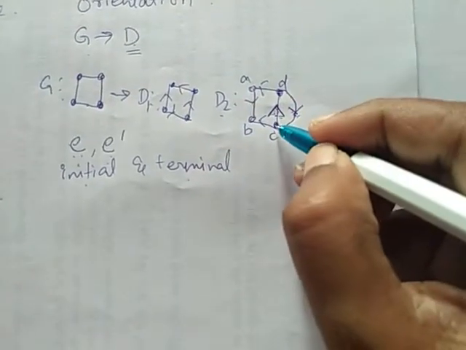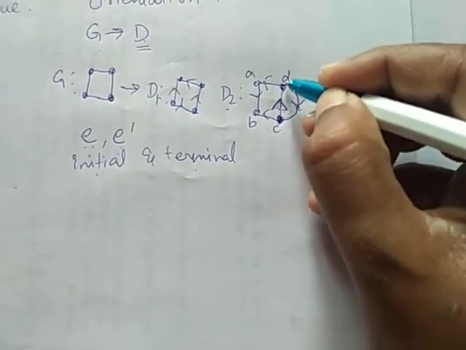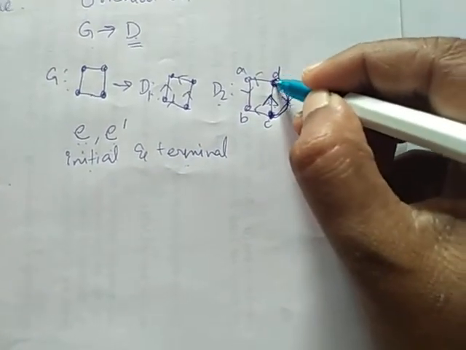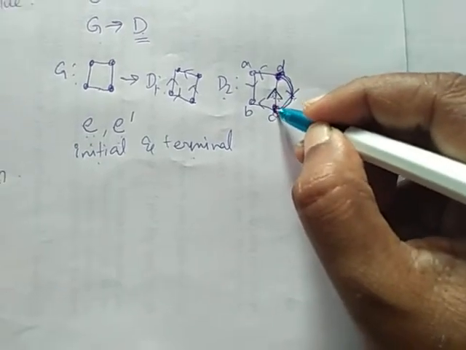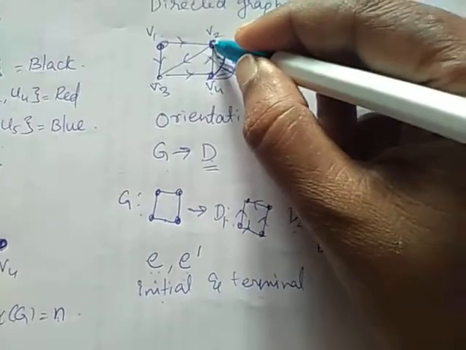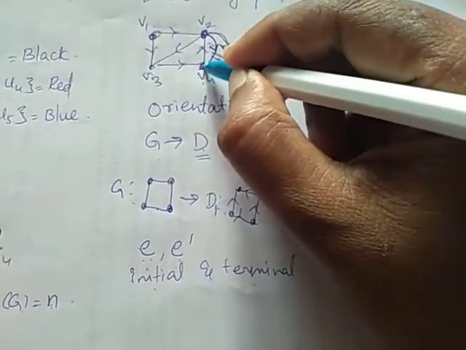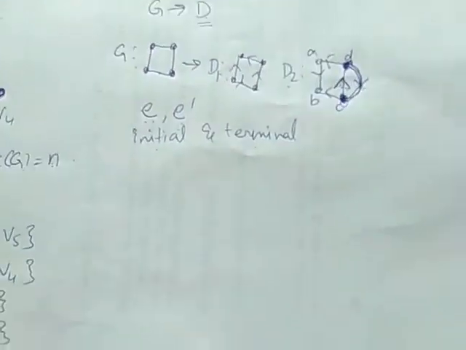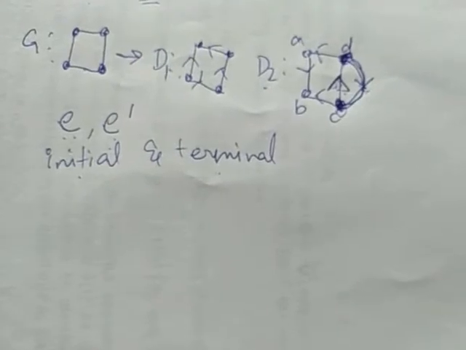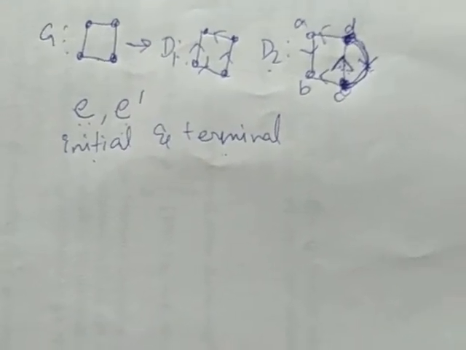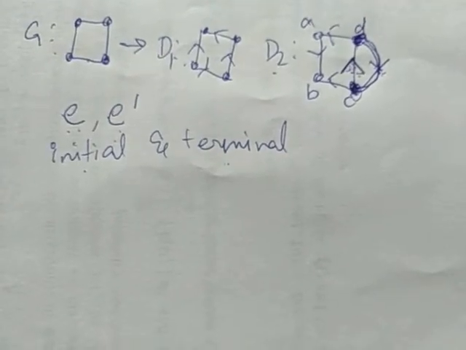In this case, C is an initial vertex, D is a terminal vertex. But for this edge, D is an initial vertex, C is a terminal vertex. But for this, V2 is the initial vertex for both the edges and V4 is the terminal vertex for both the edges. So two edges E and E dash are said to be parallel edges if E and E dash have the same initial and terminal vertex.